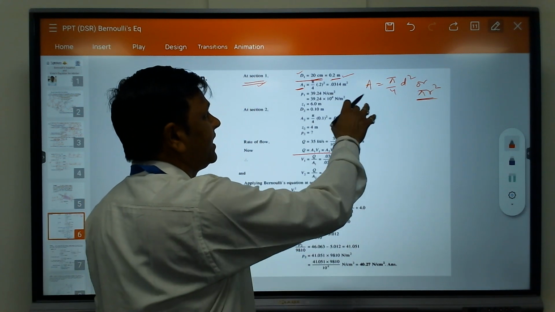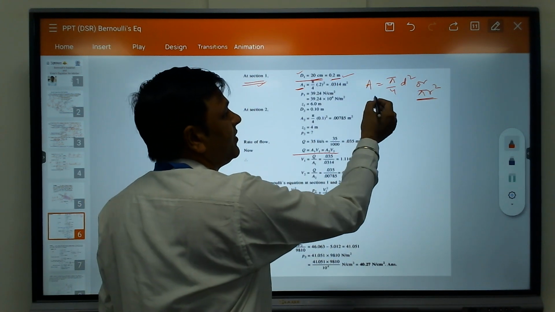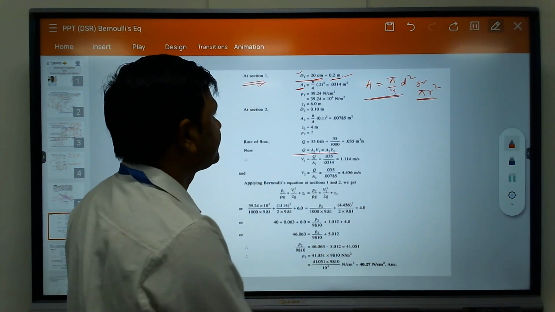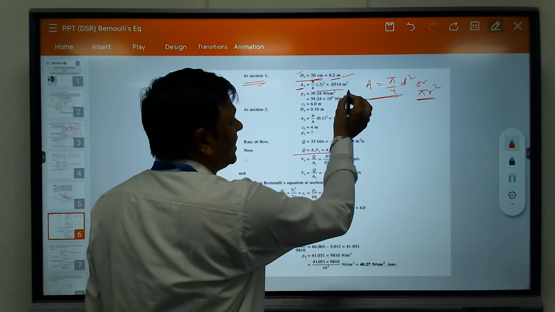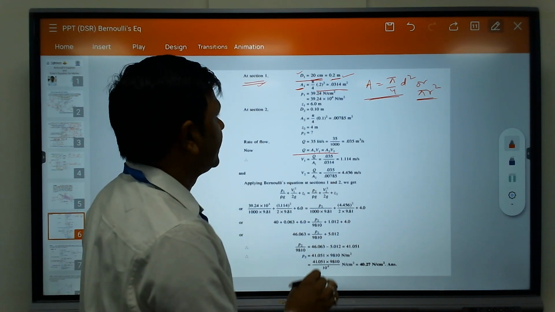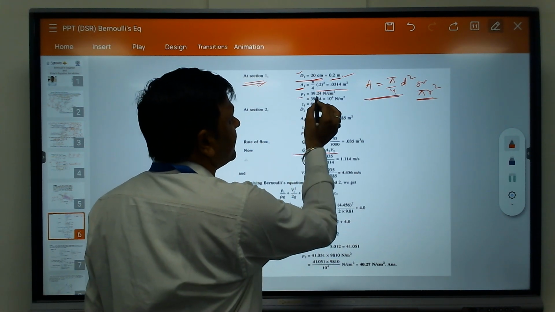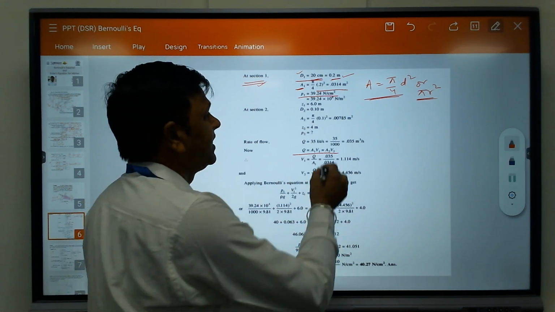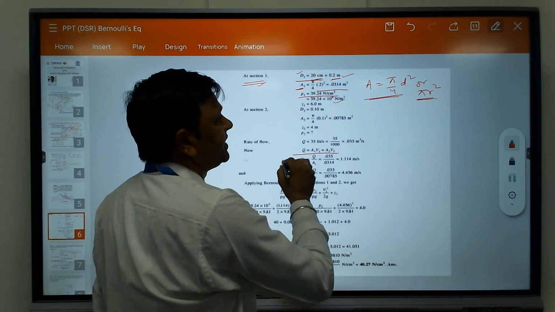Okay, but here the diameter is given, therefore we will take this formula pi by 4 d square. Pi by 4 d square, the value 0.0314 meter square. Pressure is also given, 39.24 Newton per centimeter square, which is Newton per meter square.